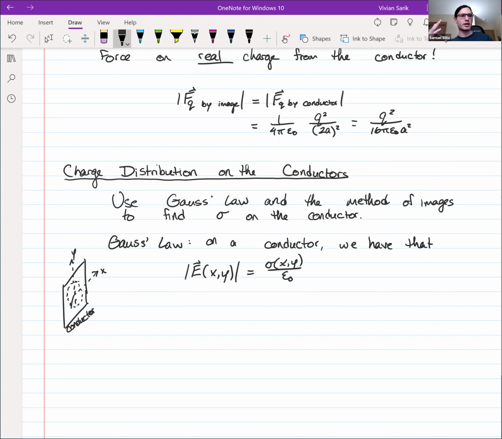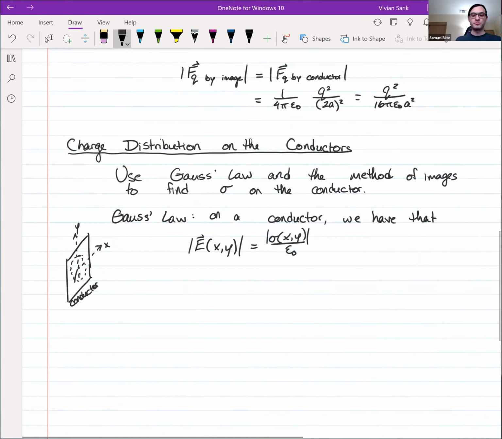Let me put absolute values around here, that'll be more correct. So this tells us the magnitude in terms of the magnitude of the surface charge density.